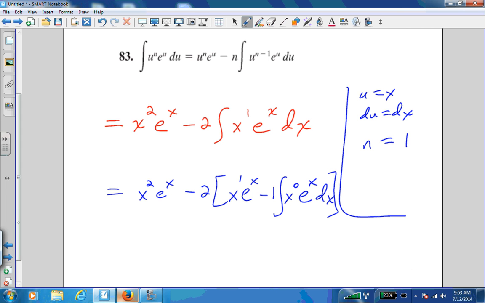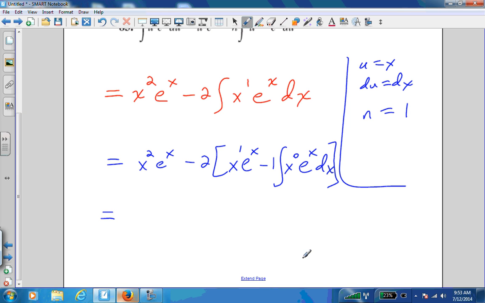So before we finish this integral, let's get rid of our parentheses or our bracket. Let's distribute this negative 2, so that'd be negative 2 times the first term, negative 2 times the second. Negative times negative is a positive. Twice the integral. Anything to the 0 is 1.